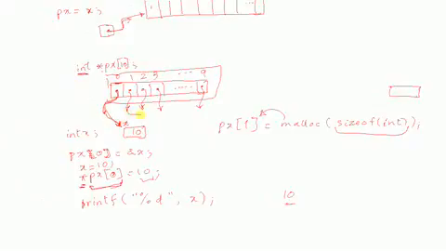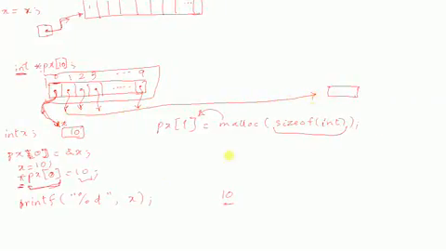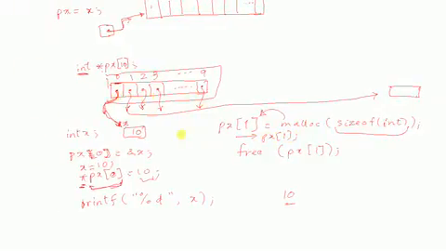So this will start pointing right here. And then later on you could free px of 1. Don't forget to free when you are done with using px of 1 here. So you could do lots of things with each of these pointers.